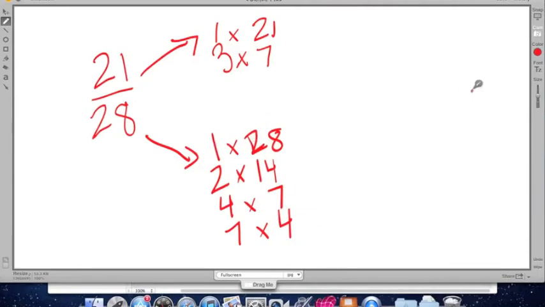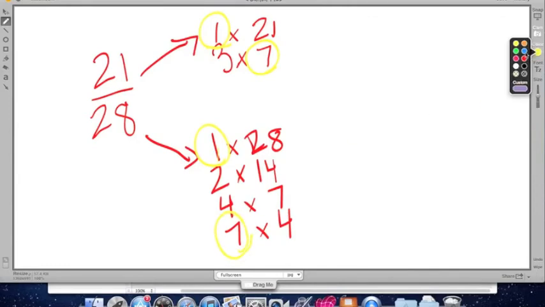Now what I want to do is see exactly where they are the same. So let's take a look. We're going to kind of highlight this. I can see that there is 1. They both share the number 1. And they both share the number 7 as a factor.